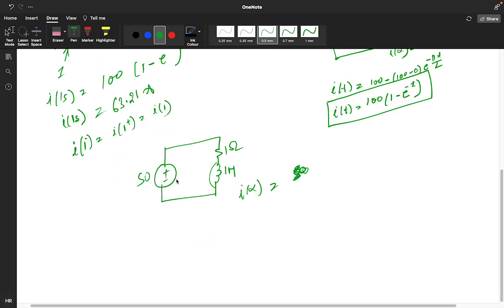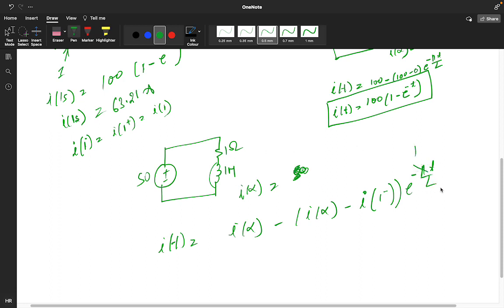Now the final equation of I of t will come how much? I of t will be I of infinite minus I of 1 minus, into e power minus RT by L, because we are considering this circuit after 1 second. The R value will be 1 only, and the L value will be 1 only. So I of infinite we got 50, minus 50 minus I of 1 minus, which is 63.21, e power minus t.